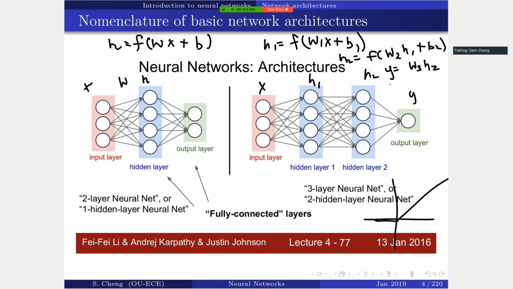I have an X here, and from those features I want to estimate something, maybe features for a home, and then I'm trying to estimate the price. Or if I have a classifier, then maybe I will have an extra activation function. In this case, maybe I can have a logistic function, for example, to give me the probability of whether it's a cat or not. So you see, in general it's pretty simple, right?